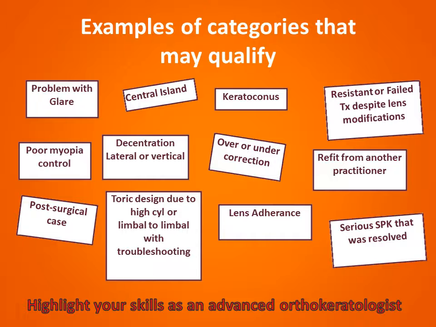Or maybe you've taken on a post-surgical case that you fit with Ortho-K and created very, very nice vision. That would be interesting. Perhaps a very high toric lens that you've designed that maybe has limbal to limbal, or very high sill, but not just a standard limbal to limbal, something that's just really creative and interesting.